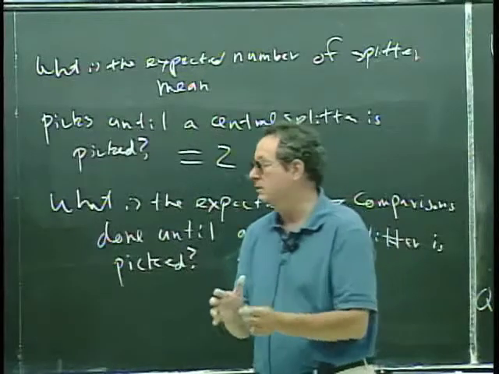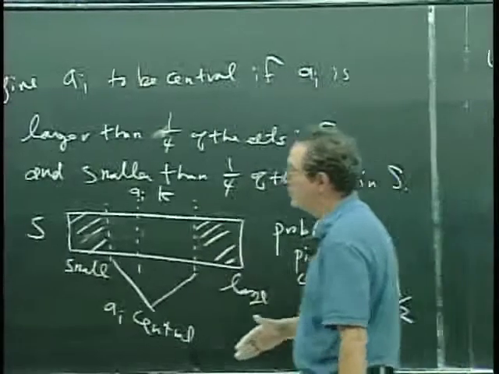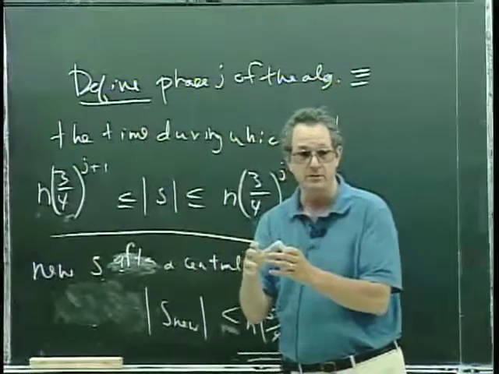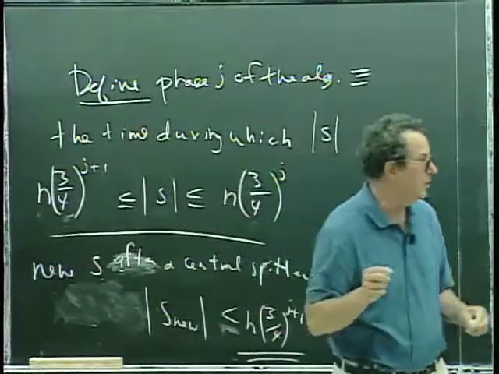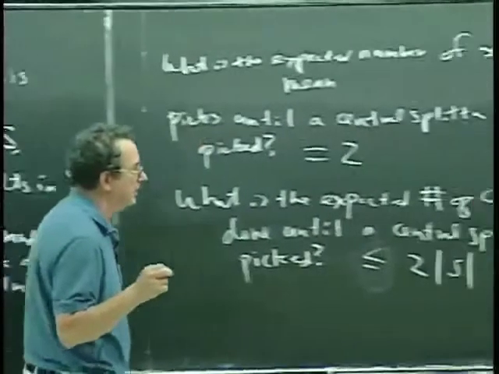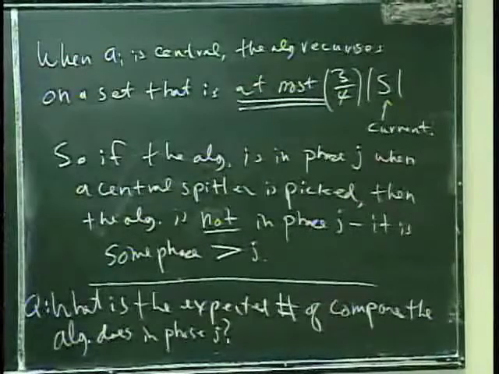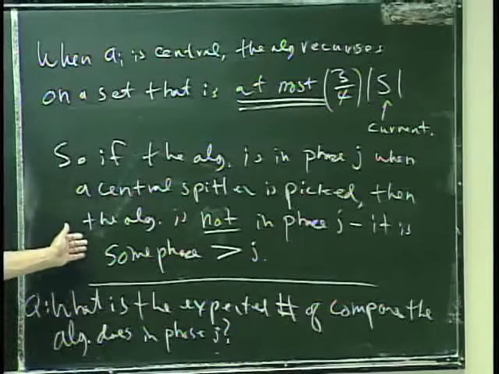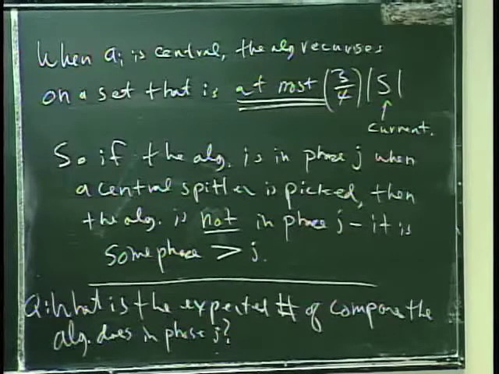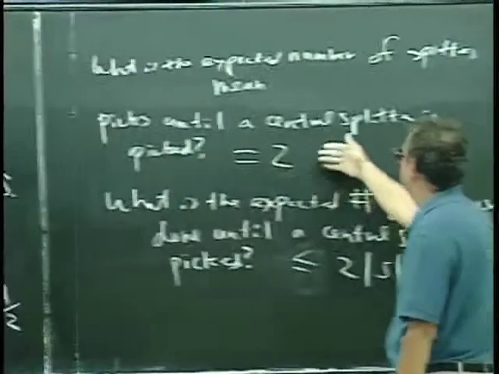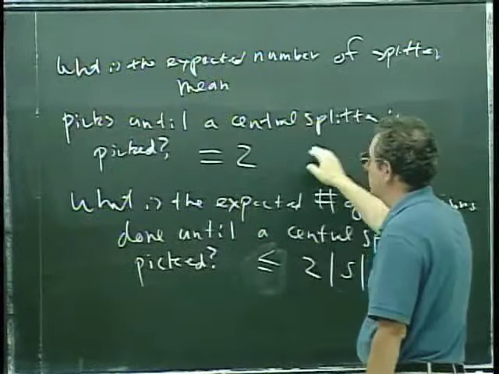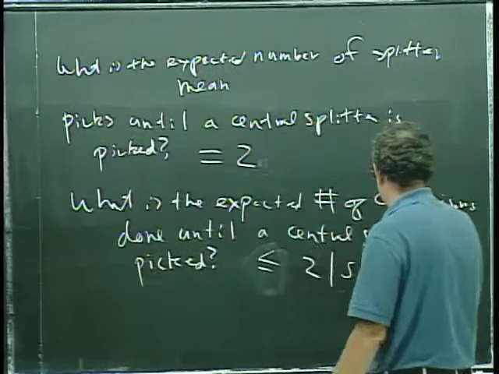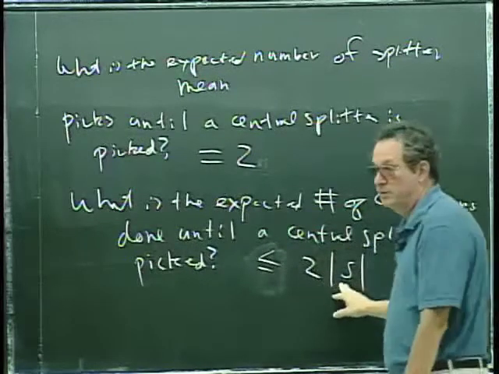At some point, it's out of the range that defines phase j because S is getting smaller. Now we know that if the algorithm picks a central splitter, it will get out of phase j. And we know the expected number of trials, number of picks until a central splitter is 2. And so we know the expected number of comparisons until a central splitter is picked is less than or equal to 2 times the size of S.